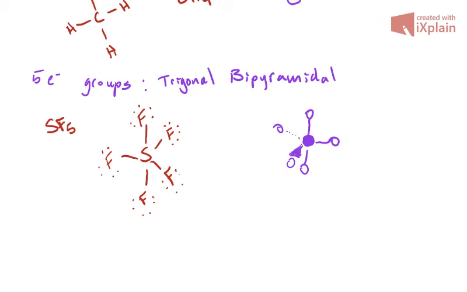Wait, doesn't that mean S has like 10 valence? Yep. Everything we've talked about so far has exceptions to it. So the octet rule is more like a guideline. Oh, great. Octet rule is more like a guideline.